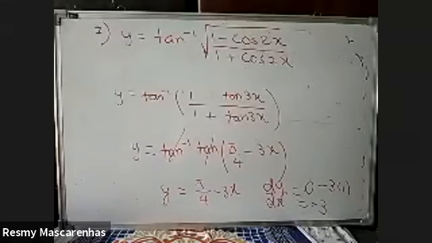Tan inverse of 1 minus cos 2x upon 1 plus cos 2x. So first simplify and then find the derivative. Use the formula: 1 minus cos theta is how much? And 1 plus cos theta is how much?